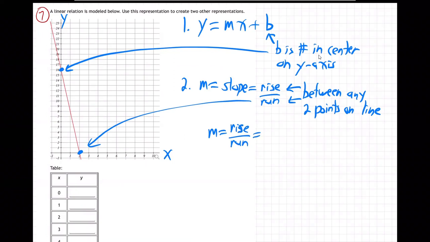Well, let's just take a look at it. So what does it do? From here, it goes down 1, 2. Well, I don't need to count it. It goes down 16, doesn't it?